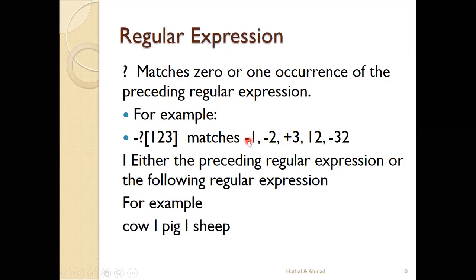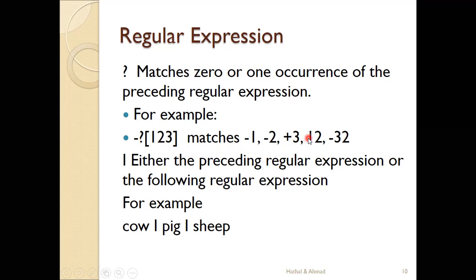In case of the first input, there is 1 occurrence of the unary operator minus. In case of the second input, there is also 1 occurrence of the unary minus. But in this one, there is no occurrence of the unary minus, so it is a 0 occurrence.